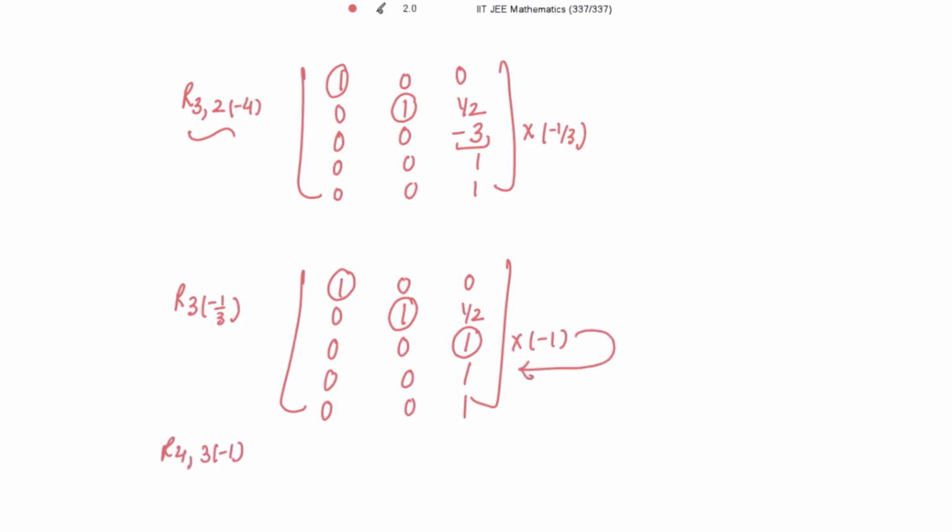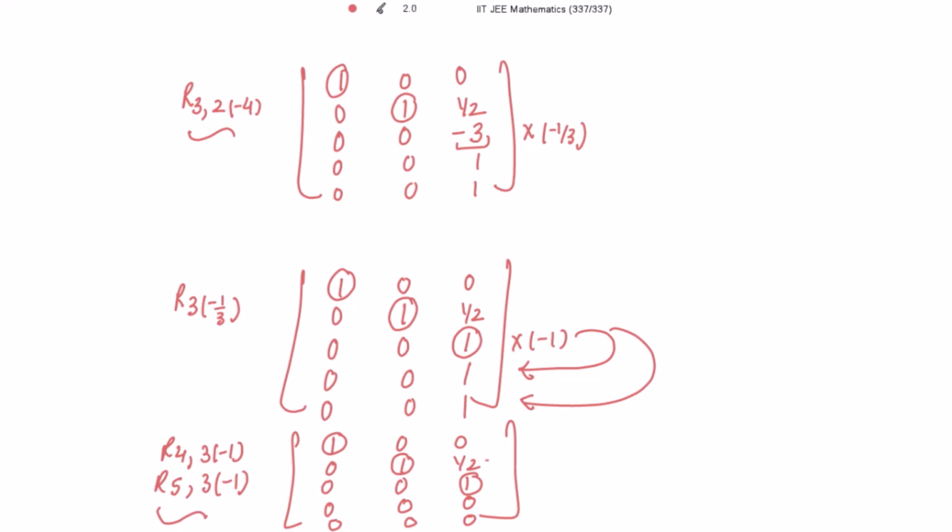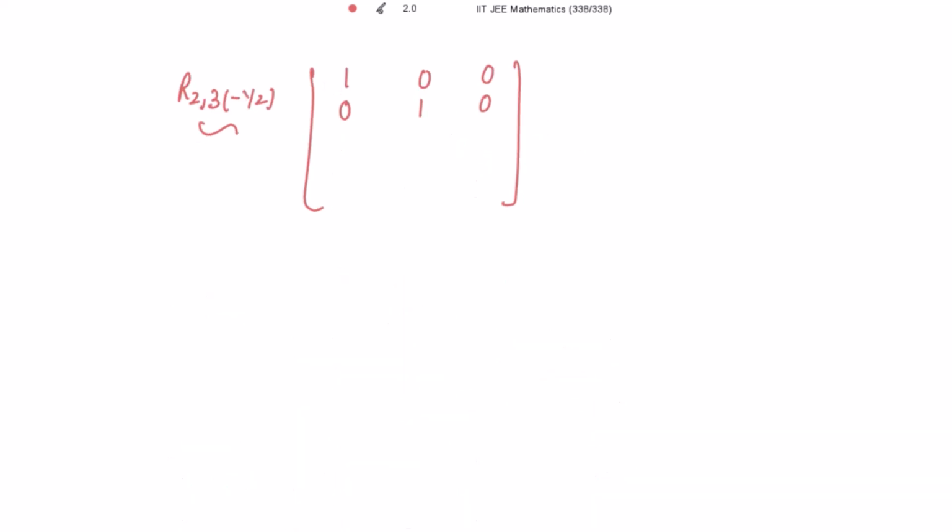Also the same operation for the 5th row. And now it remains to make this entry 0 if possible. So for that, multiply row 3 with -1/2 and add its elements to row 2, and write the rest of the rows as they are.